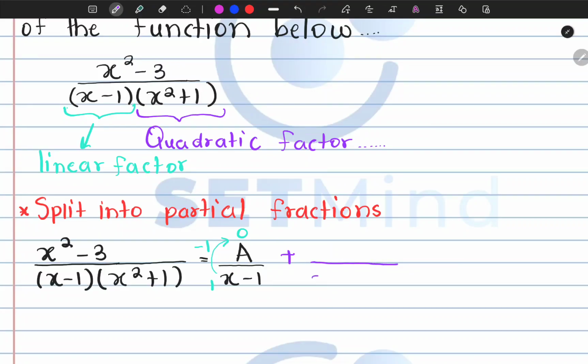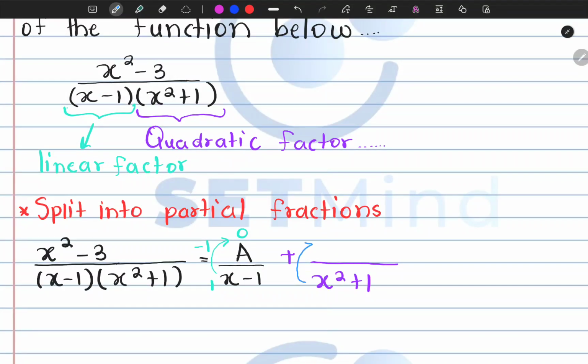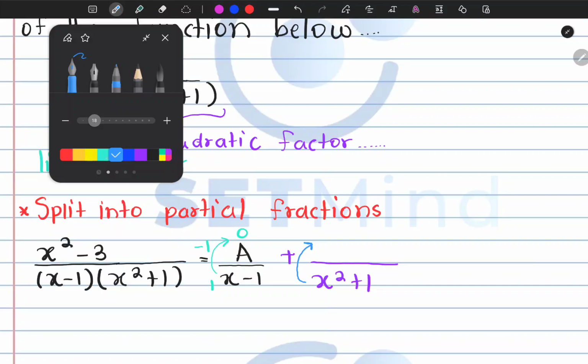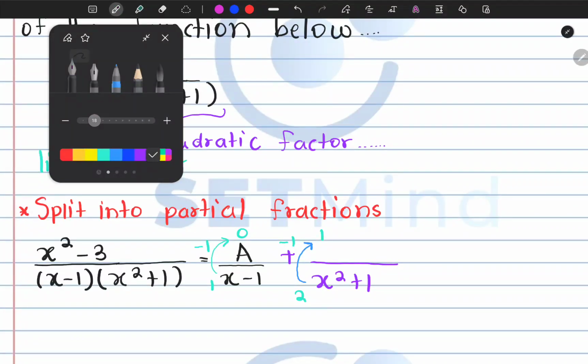if you think carefully, if our denominator now has degree 2, and we want to quickly find what should be sitting on the numerator, remember I said it's minus 1 of the degree of what is on the denominator. So we have 2, and then we minus 1, which means we need to have degree 1. An expression of degree 1 is very easy.